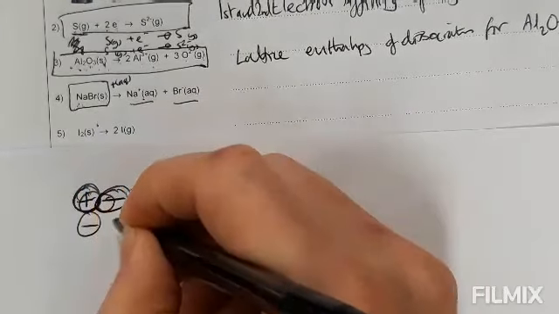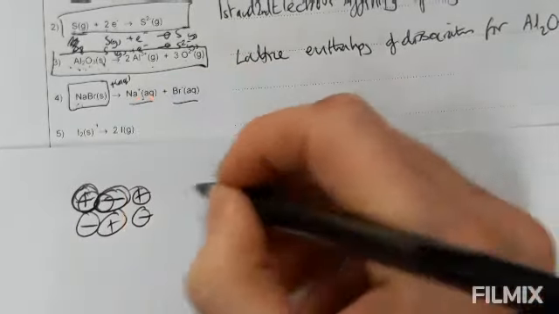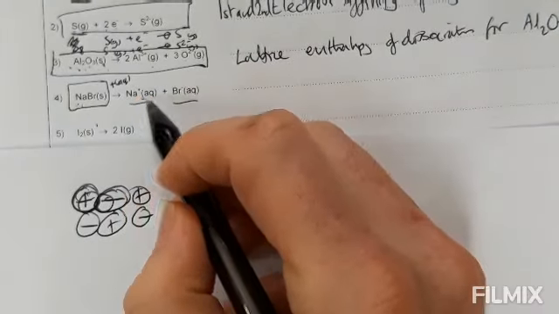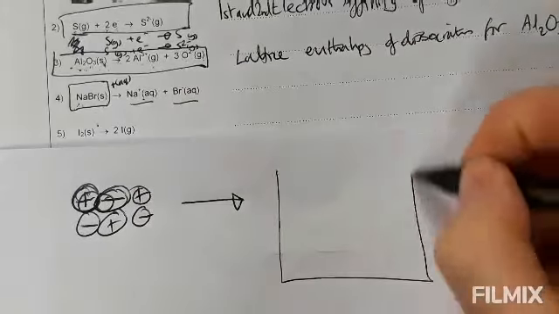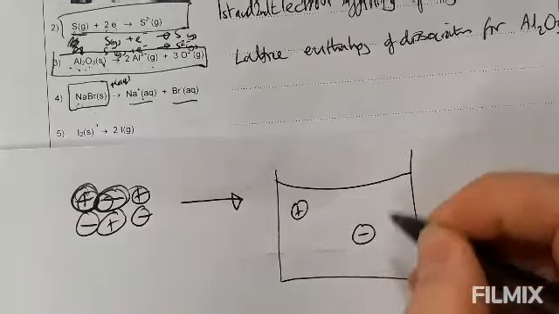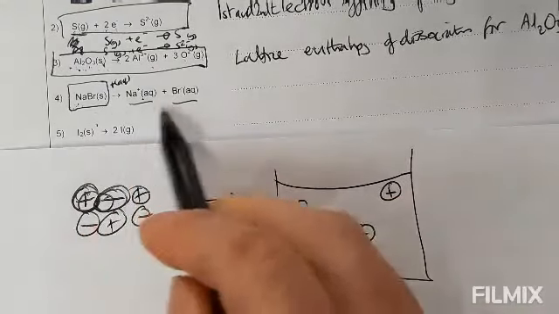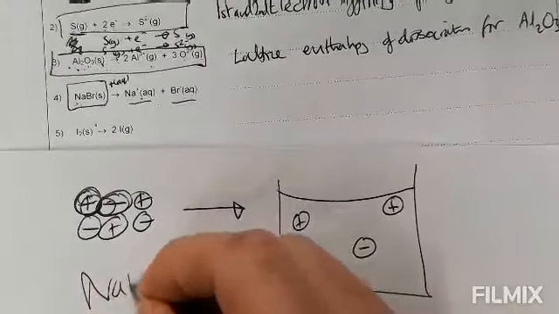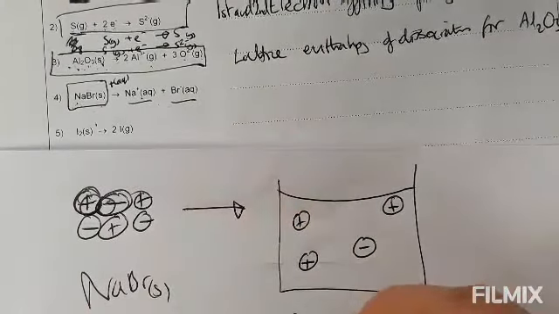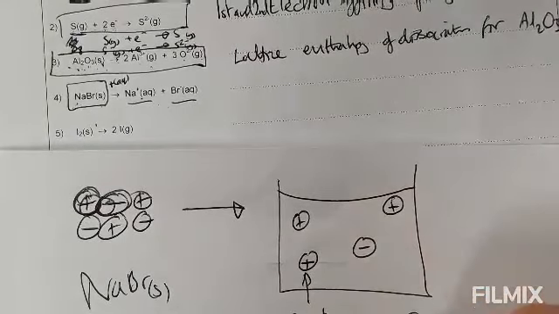NaBr, Na+ Br-, Na+ Br-, solid. It then turns into Na+ aqueous and Br- aqueous. Aqueous means in water. That's what that's suggesting.